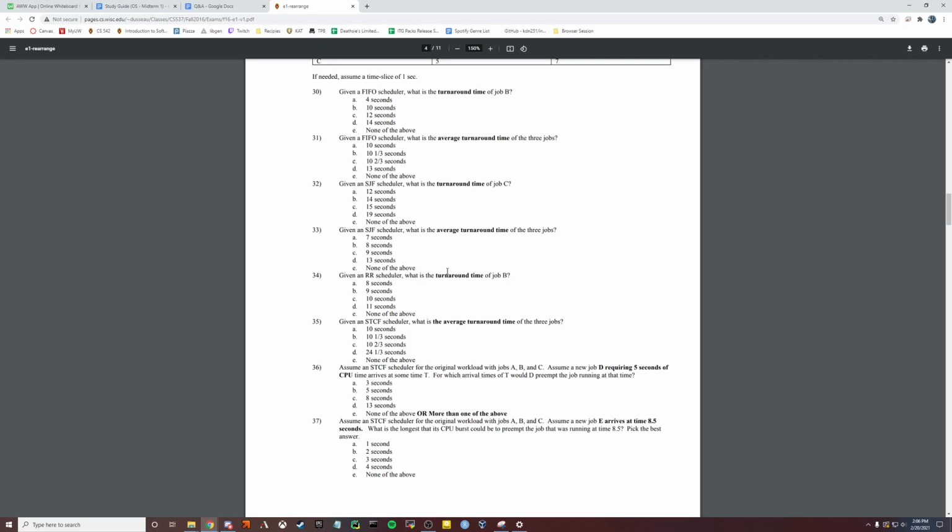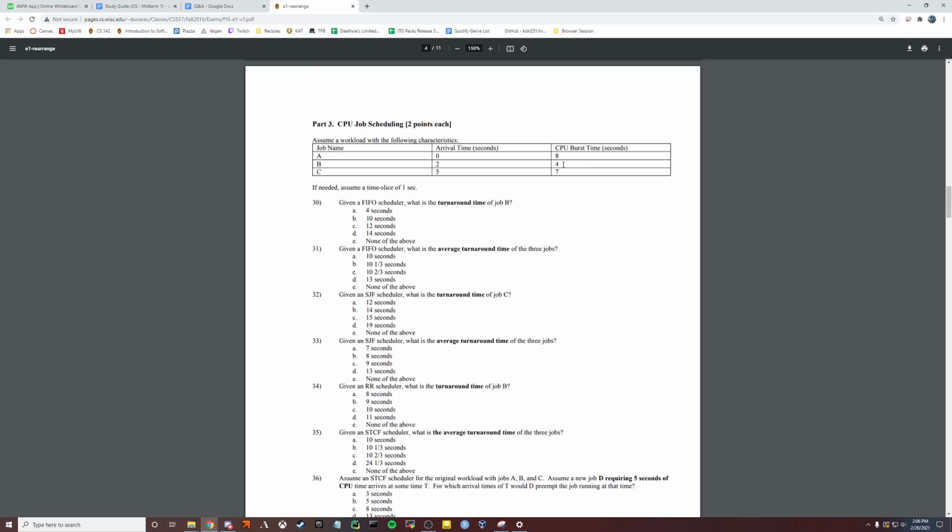34, given a round robin scheduler, what is the turnaround time of job B? It would interrupt because it's shorter than job A, and then it'd interrupt at 2 seconds. So it'd be 6 minus 4, which is, wait.